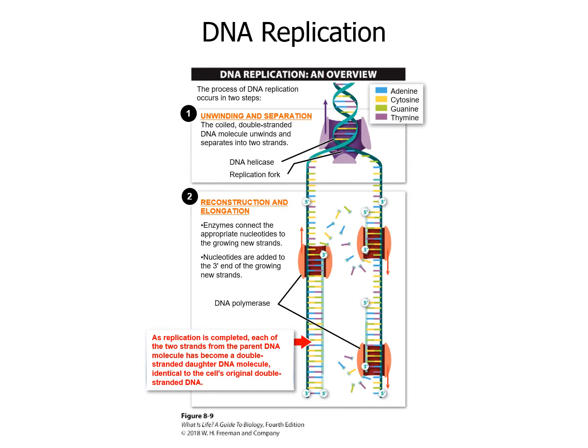And then we're going to have reconstruction and elongation. And this is going to happen with our DNA polymerases. You'll remember that we have talked about RNA polymerase. Do make sure that you know that this is DNA polymerase.